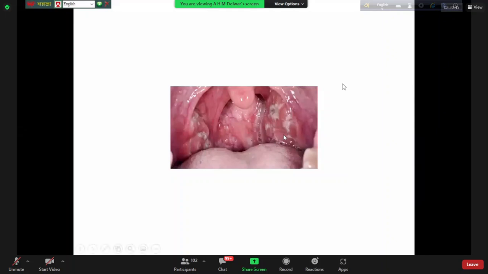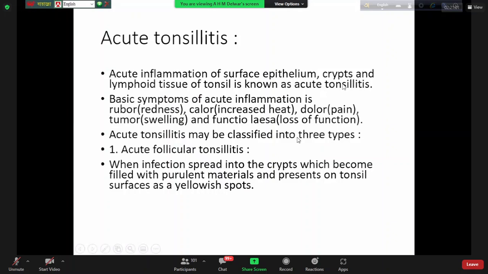There are small whitish spots on the tonsil, and there is swelling of the tonsil, and the patient comes to you with the features of acute inflammation. I will describe it afterwards. There is a slide about it.